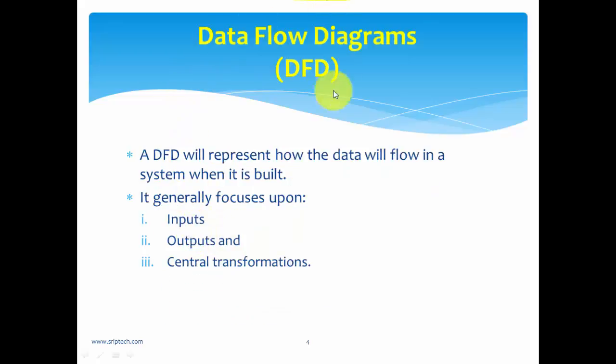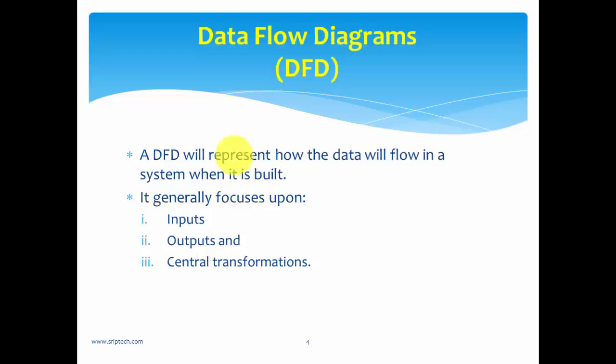The first design notation we are going to learn is called a data flow diagram. As the name itself says, it's a diagram which basically shows a data flow. A DFD will represent how the data will flow in a system when it is built. That is the main purpose of a DFD, which will show how the data flows from one part of the system to another part of the system.